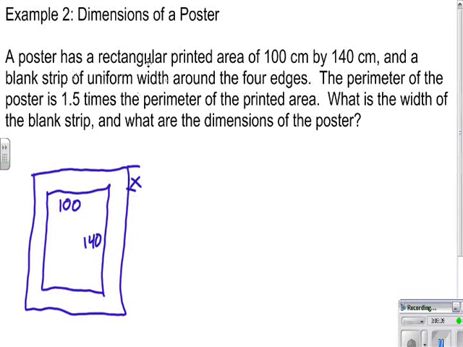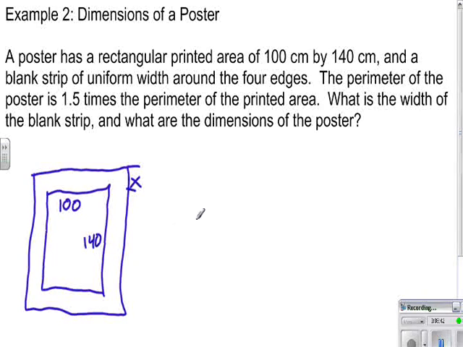So going back and reading the problem, they give us dimensions, which are already accounted for in the picture. And then perimeter, since this is a rectangle, we just have to add up all four sides. And it compares the two perimeters. So let's find the first perimeter of just the printed area. We can solve that because we know the numerical values. 100 plus 140.